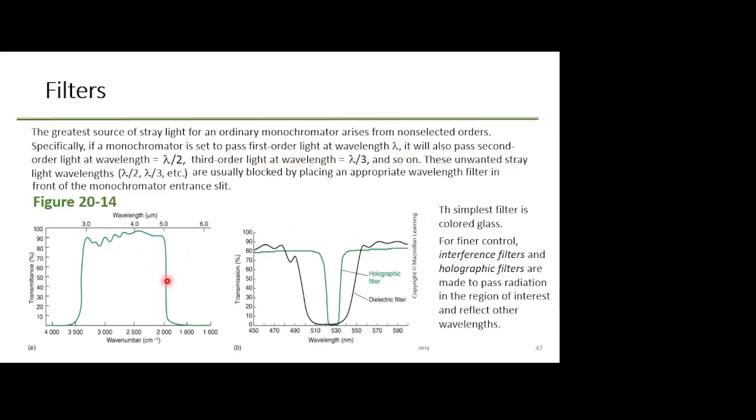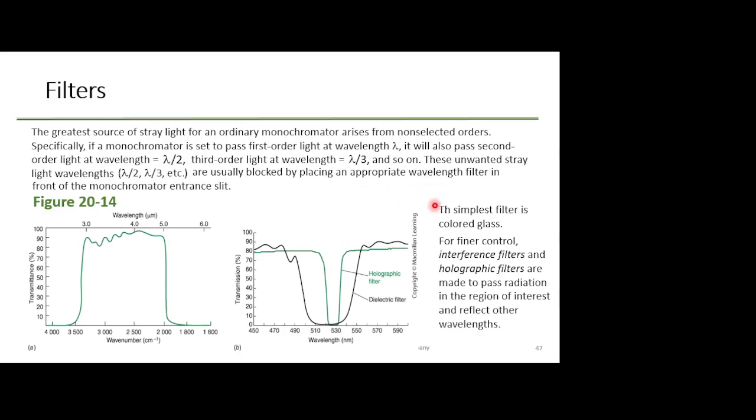It will pass second order stray light through, and that is going to be at a wavelength of 1/2 typically. So 1/2 that wavelength. It'll also pass third order stray light, that is wavelength divided by 3. And fourth order would be divided by 4, etc. Okay.